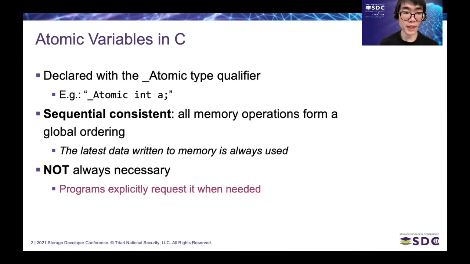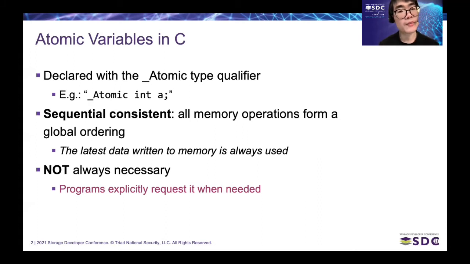So for example, we have a thread. Let's say it is going to read some pointer value when a certain condition is met. In that case, we would want that pointer to never return garbage value, and having a global ordering can help us achieve that.